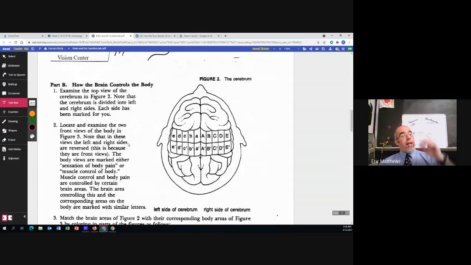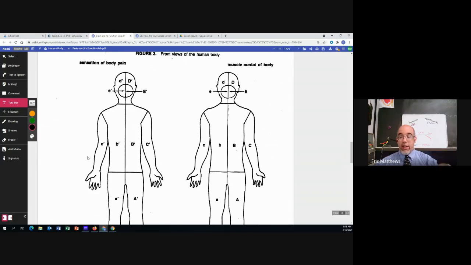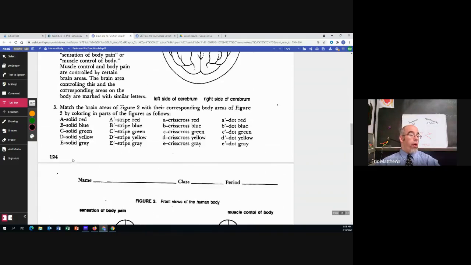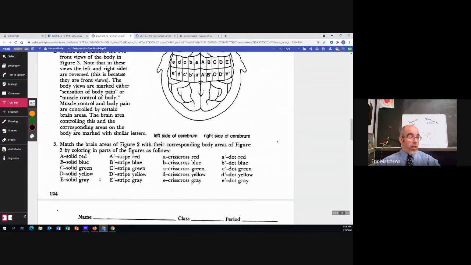All right, then comes the complicated part. So now this is looking straight down on the top of the head. You can see the nose and the ears on the diagram there. And what we want to do is it wants you to go through these different parts and link them up with what's happening here on the next page. Let me show you. It is not that complicated. So down here at the bottom, here is our guide.